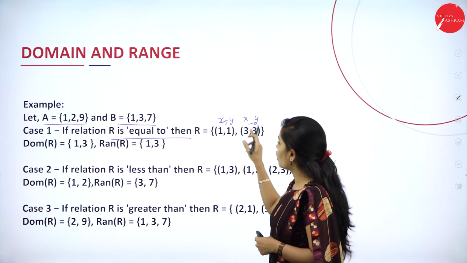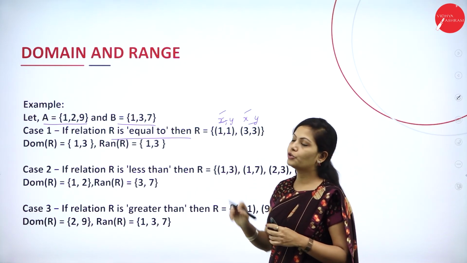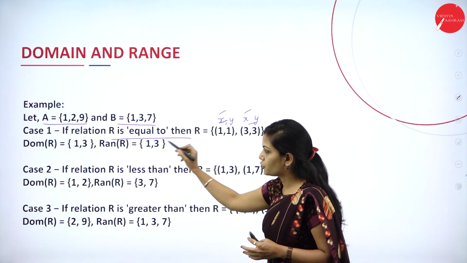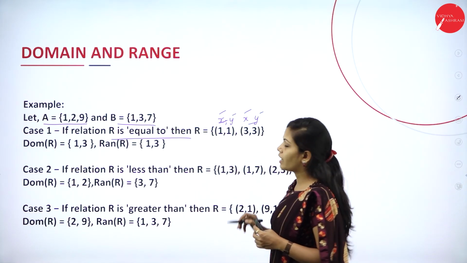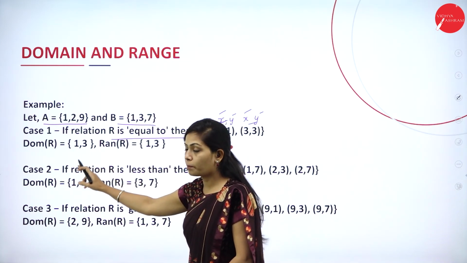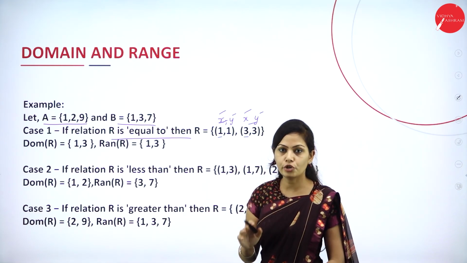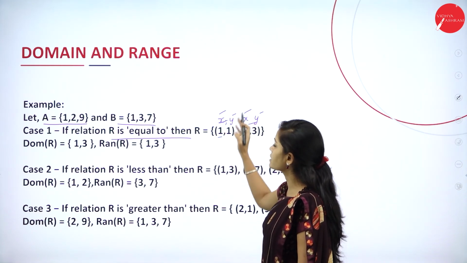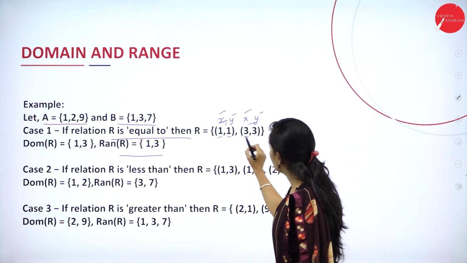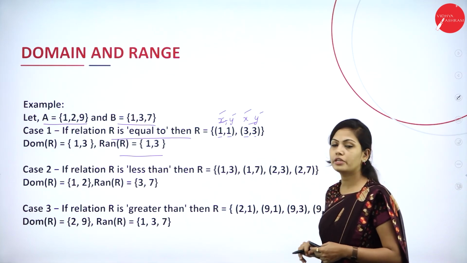All x values are domain and all y values are range. It's a very simple concept. So domain of R is equal to {1, 3} because I have considered only the x values. And range is again {1, 3} because in the y position I have 1 and 3 only.